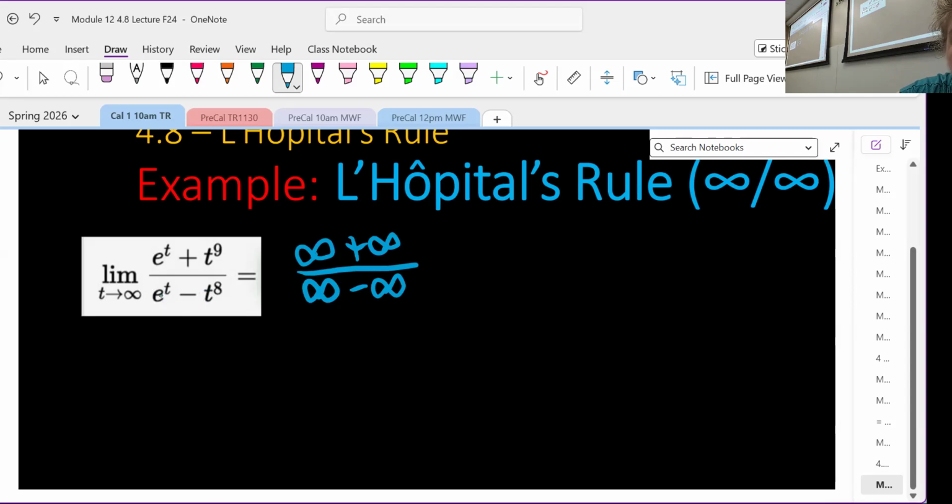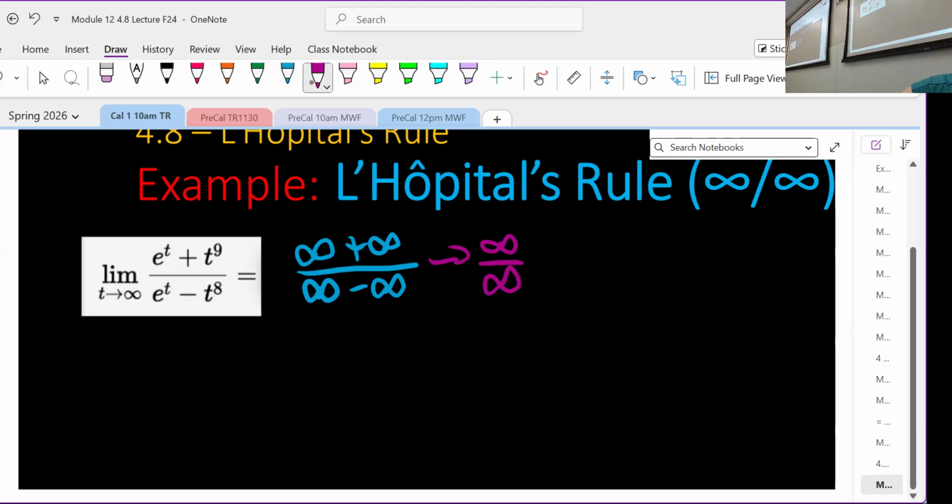If they were growing at the same rate, it'd be like 8t to the 8th minus t to the 8th, or 17t to the 8th minus t to the 8th. It'd be the same variables with the same power. So the infinity minus infinity here is some sort of infinity. So we are getting a L'Hopital indeterminate form.